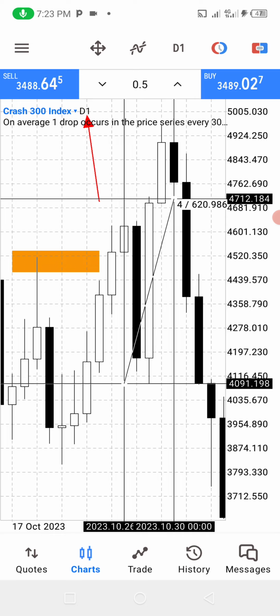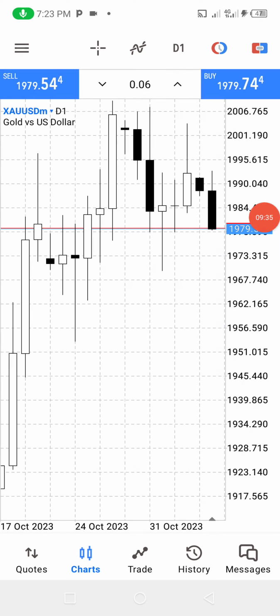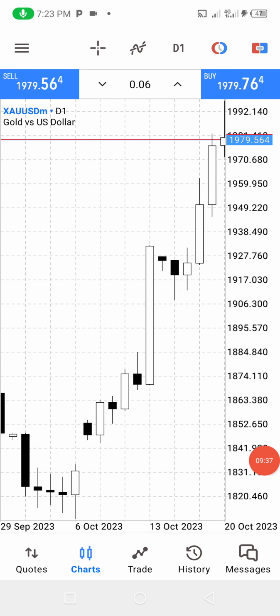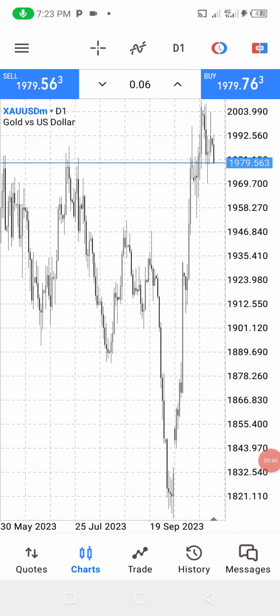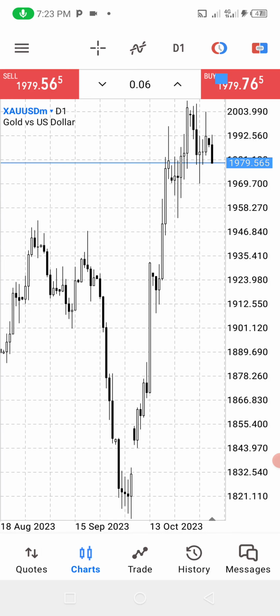Another example: let's go to the forex market and check more examples. Pretty much we need the daily time frame to get accurate results. You want to see the direction of the market, where the market is breaking level, so we can actually see a break of structure here. What you want to do is predict a daily candle.